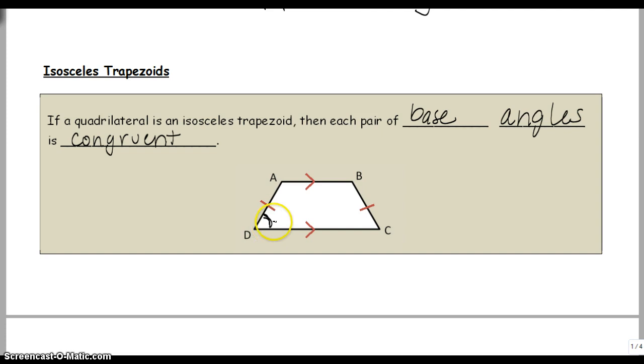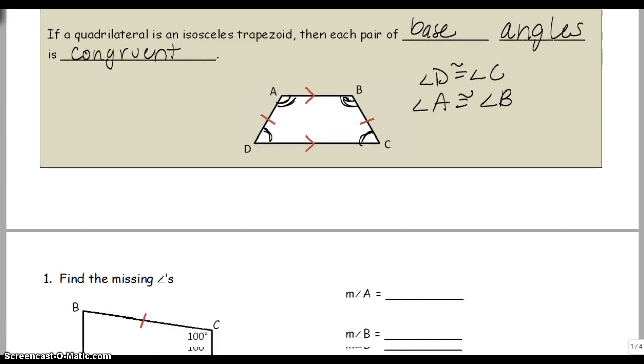That would mean these two angles would be congruent. So angle D is congruent to angle C, and angle A would be congruent to angle B. Consecutive angles that share a base are congruent if this is an isosceles trapezoid.